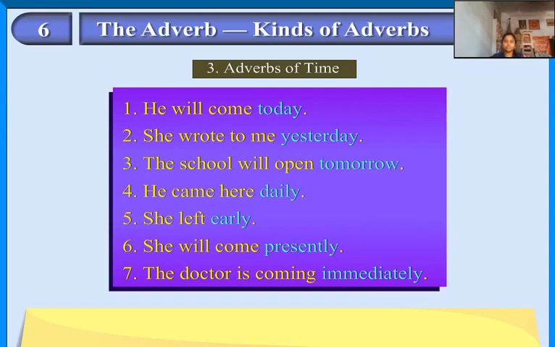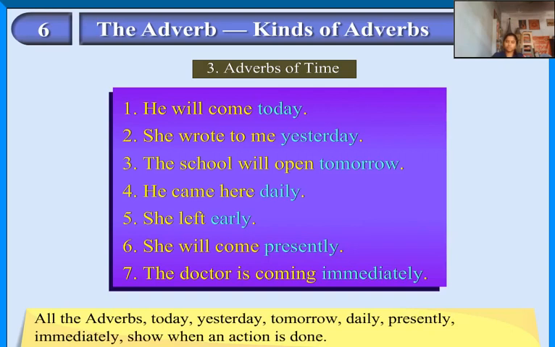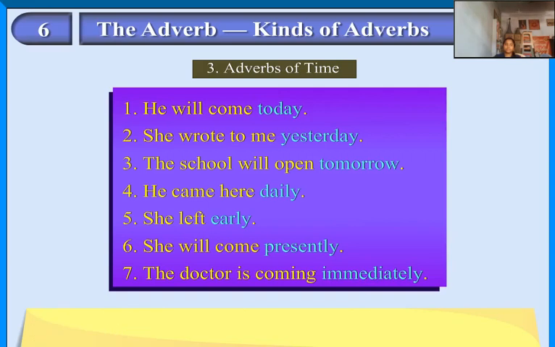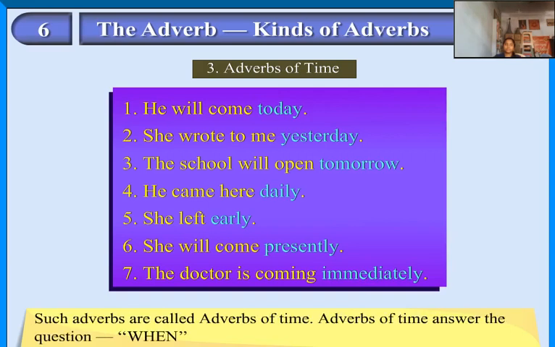The doctor is coming immediately. All the adverbs today, yesterday, tomorrow, daily, presently, immediately show when an action is done. Such adverbs are called adverbs of time. Adverbs of time answer the question when.